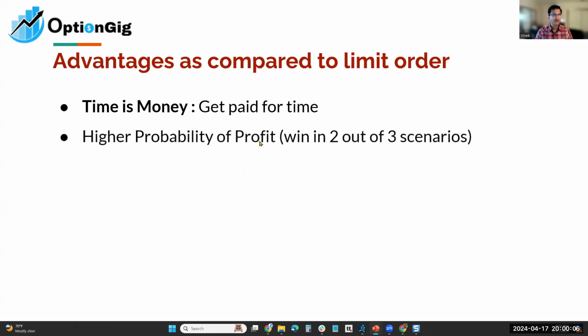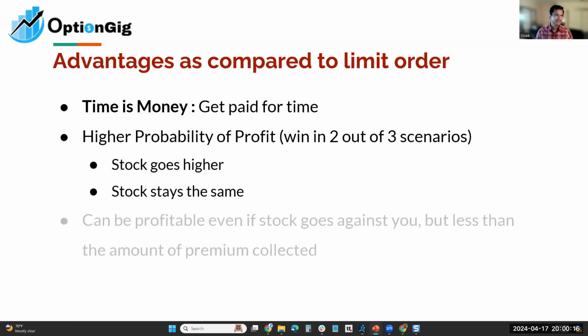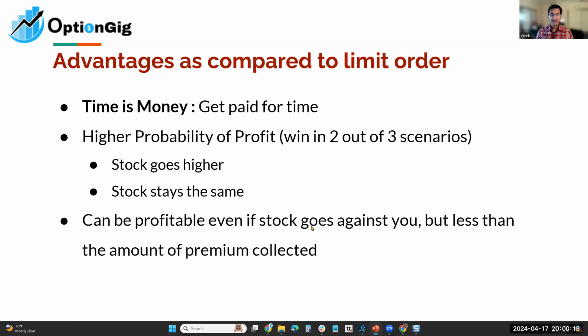There's a higher probability of profit. Stock goes higher, anyway you made $200. Stock stays the same, anyway you made $200. It can be profitable even if the stock goes against you, right? Look, we looked at the case of $59. You got $2 as a premium.